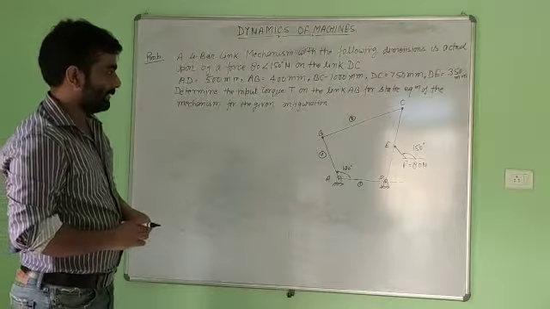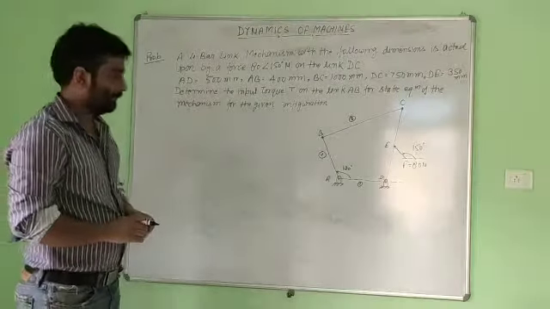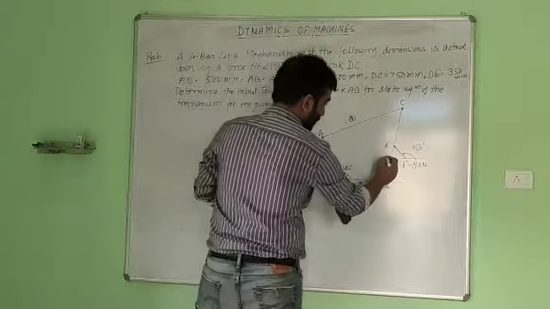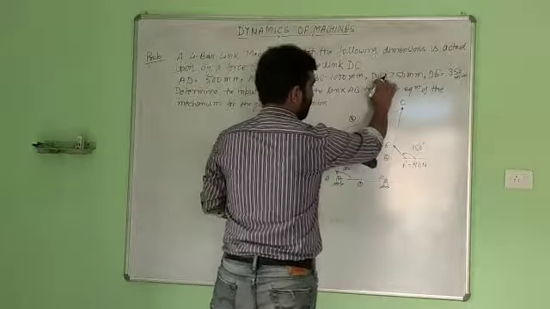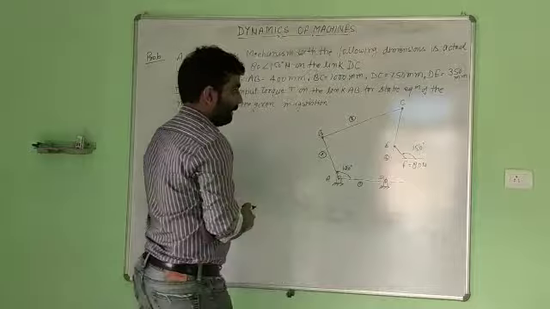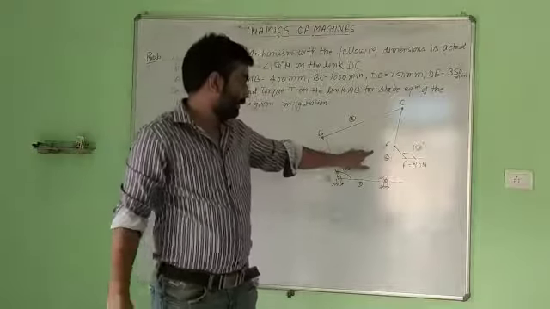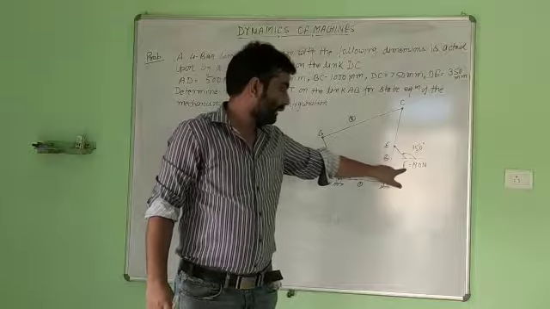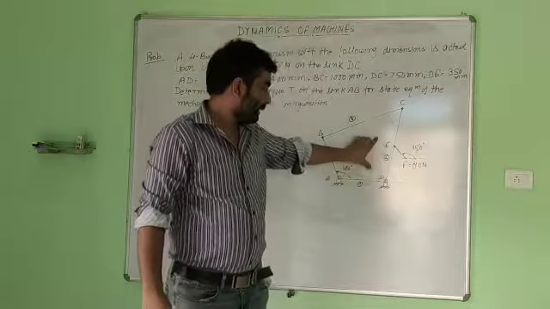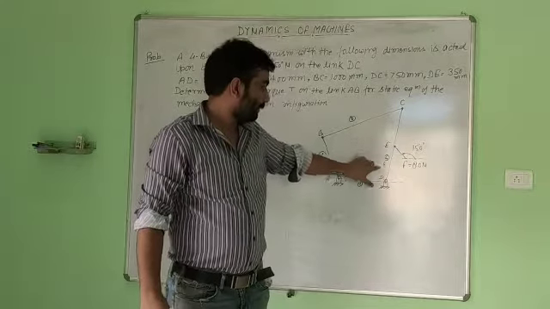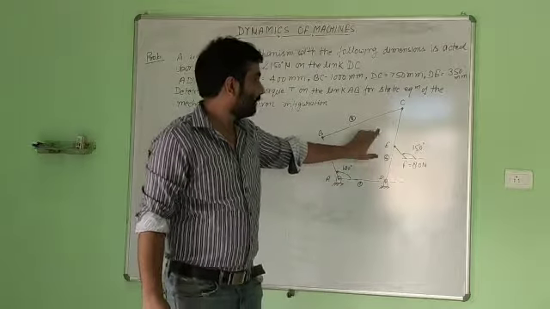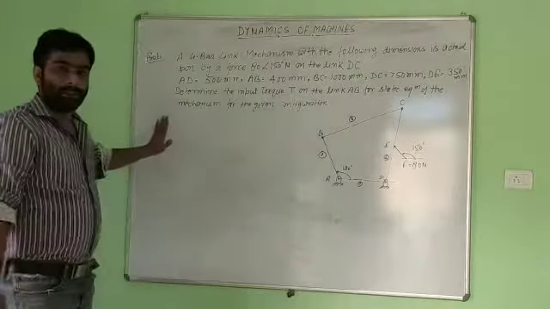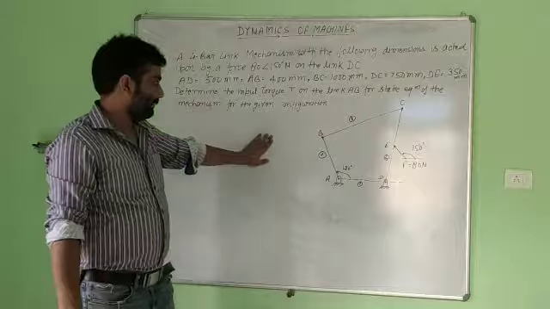Then link number 4, CD, is 750 mm. And the point E on which the force 80 Newton is acting, the distance of that point E from D is given as 350 mm. Okay, this is the configuration diagram given.